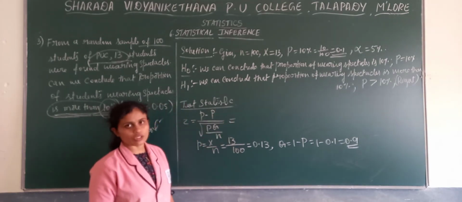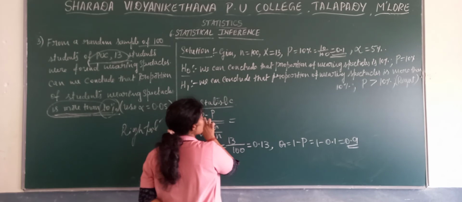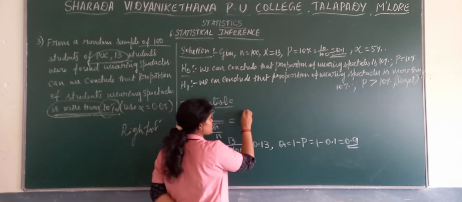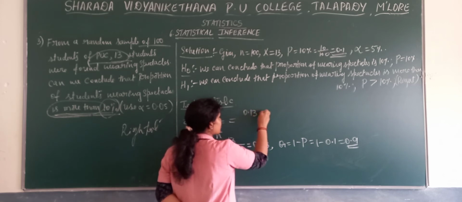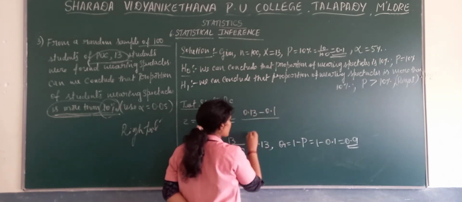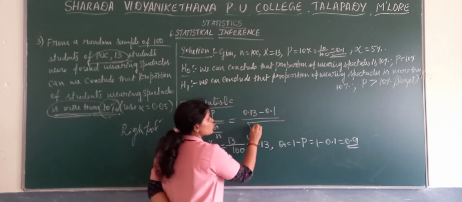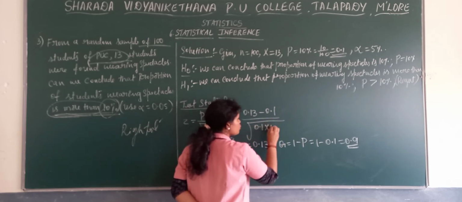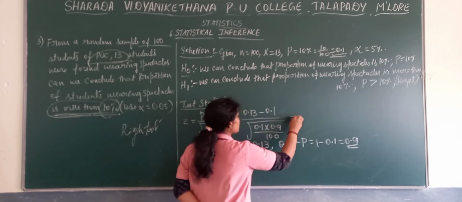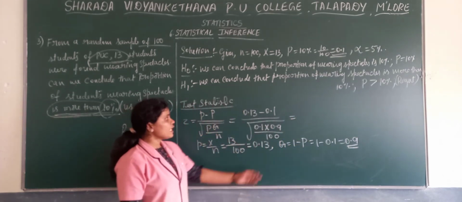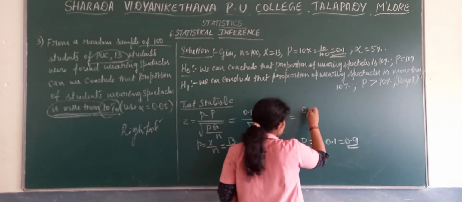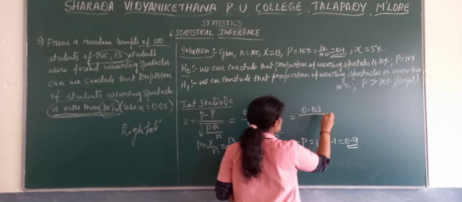Now substitute into the formula there. Here we get the p value as 0.13 minus P, which is 0.1, divided by the root of 0.1 into 0.9 divided by 100. Now 0.13 minus 0.1, we get 0.03.